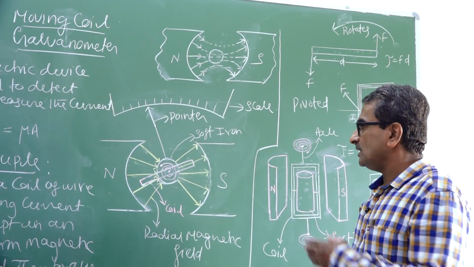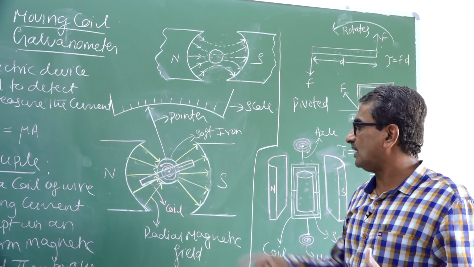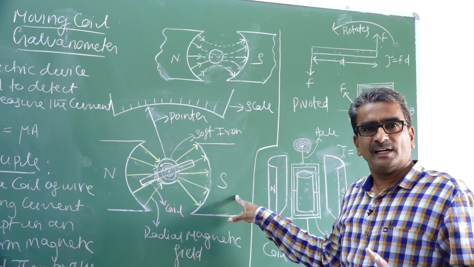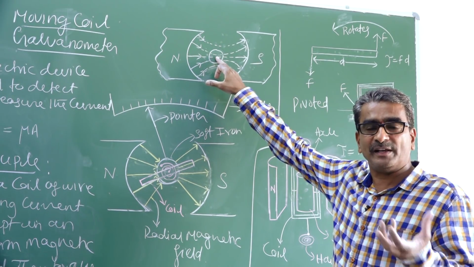Now coming to the mathematical equation. I think we understood what the use of the radial field is and what the use of the soft iron cylinder is, how it makes the field strong.